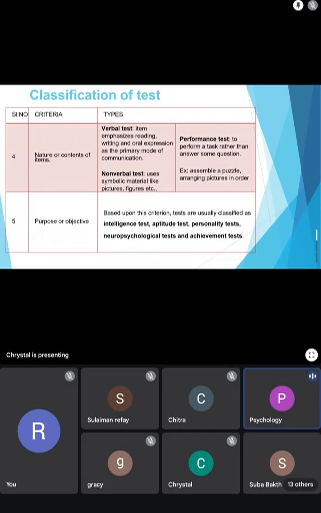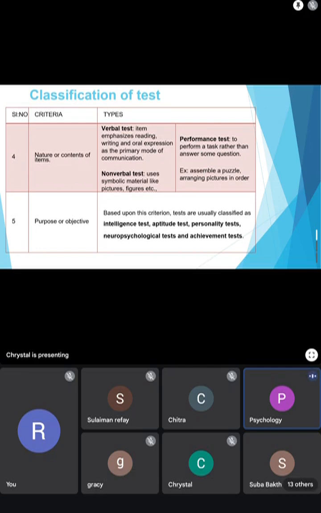You can either decipher the logo, or you can express the goodness of the company, what products they are dealing with, all these things. There are many types to it: pictures, figures, and actions, and there is also a format wherein two or three individuals combine and do it. That is a non-verbal test.